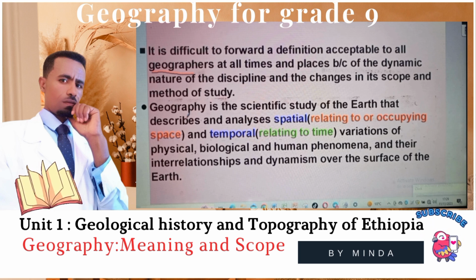So it is difficult to forward a short and precise definition for the term geography.